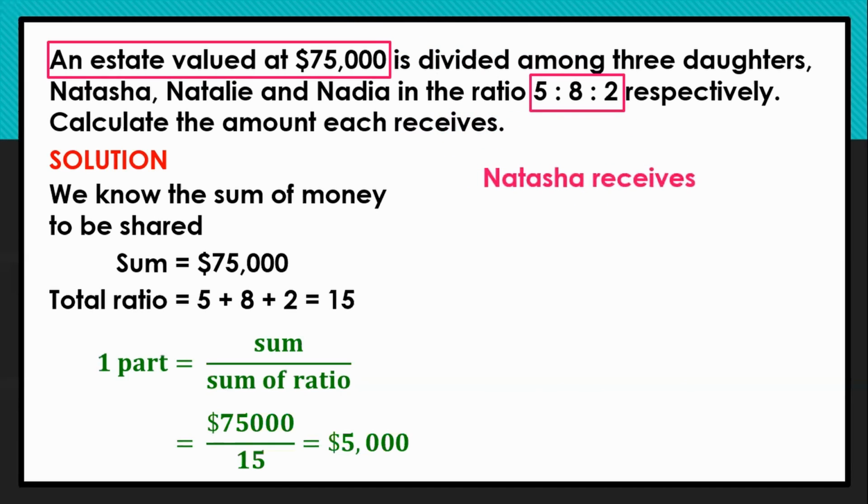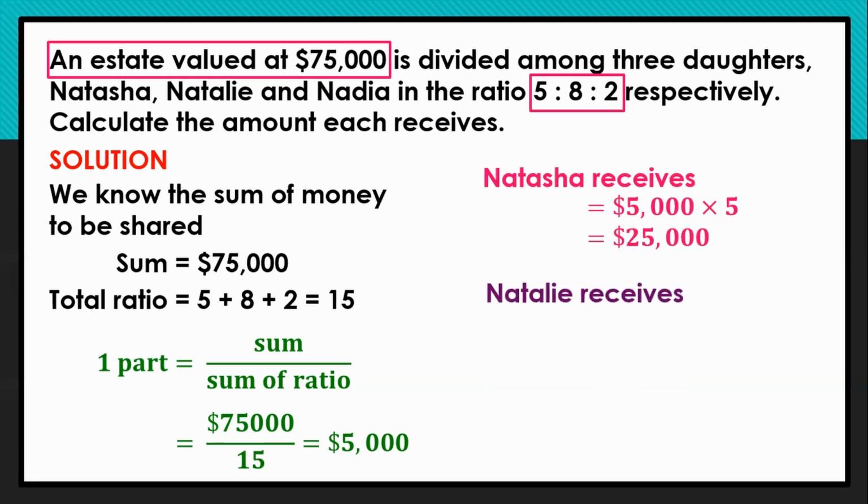So Natasha receives 5 parts. So we are going to multiply the 5,000 by 5, which is equal to $25,000. Natalie received 8 parts.